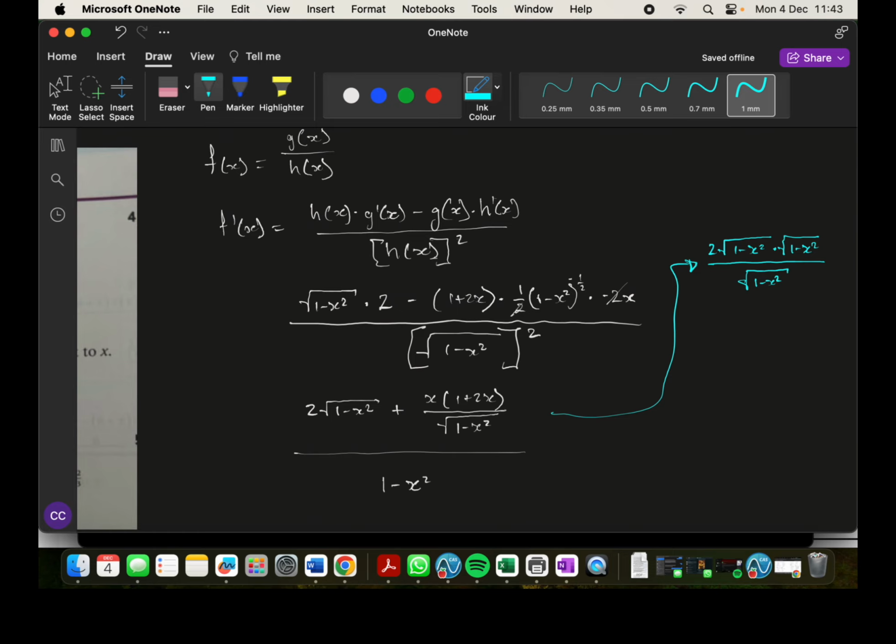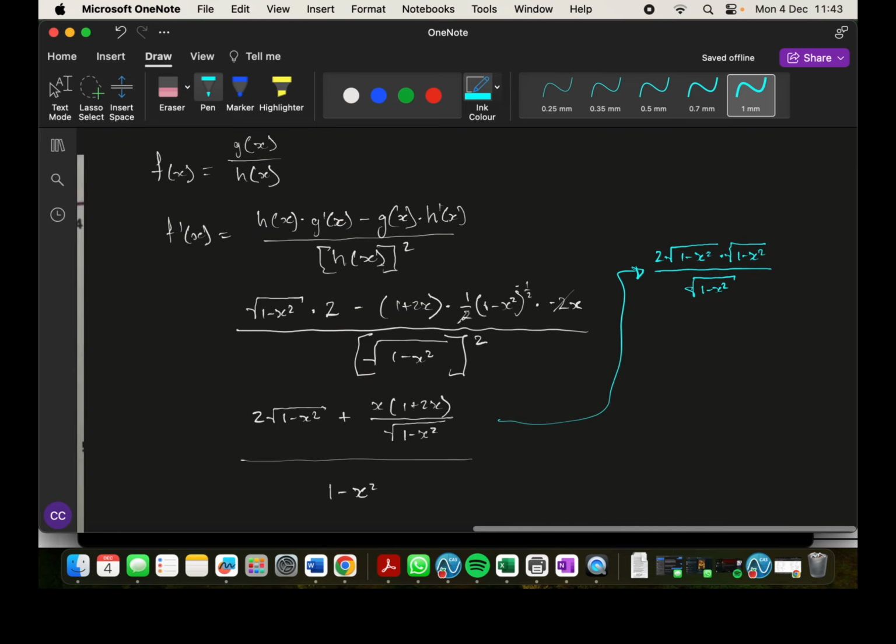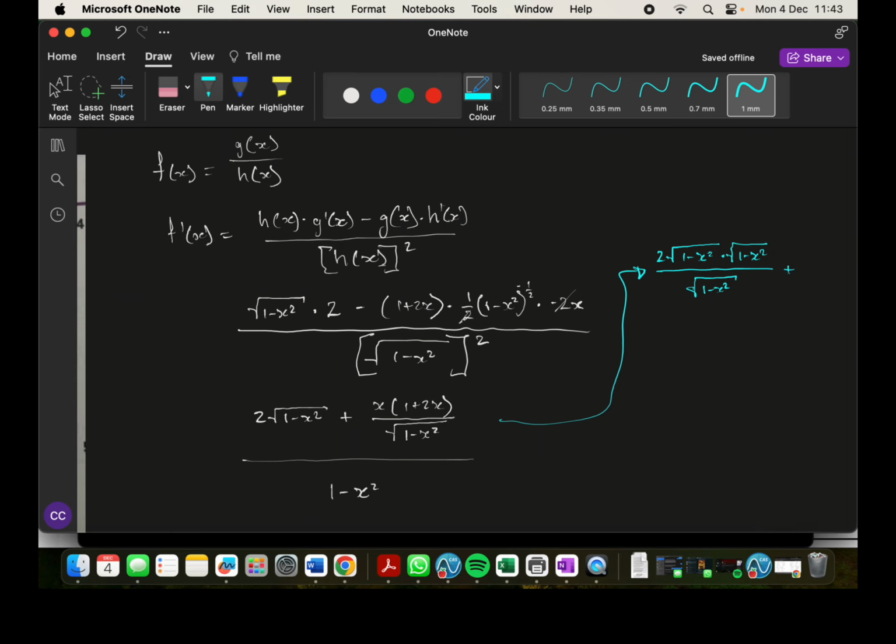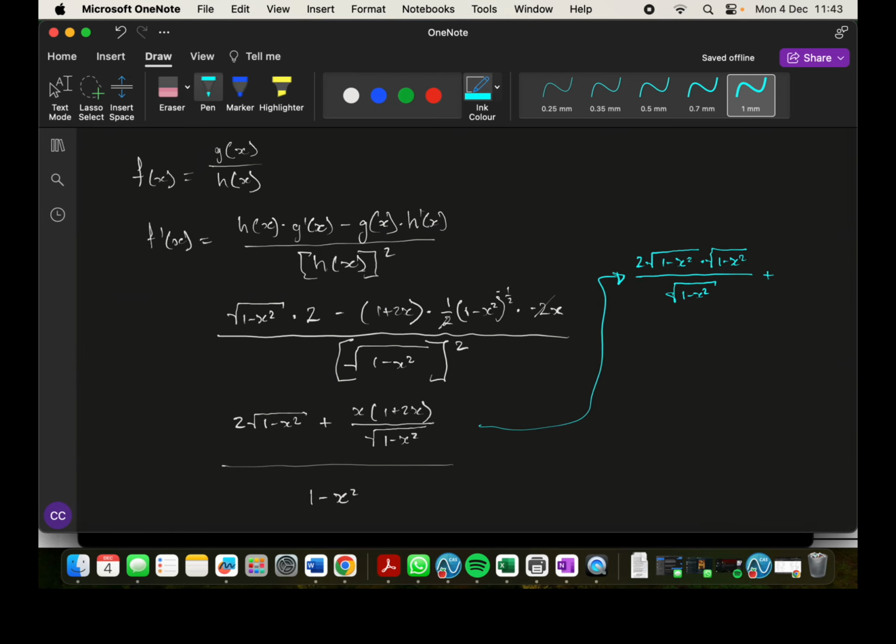That gives me my fraction. And I'm going to add to that x times 1 plus 2x all over the square root of 1 minus x squared.